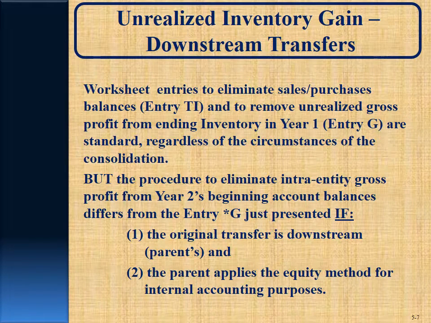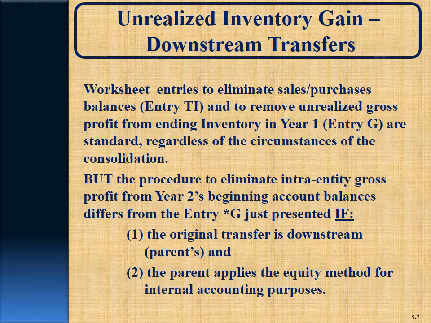Now, worksheet entries to eliminate your sales and purchase balance, entry TI, transfer of inventory, and to remove unrealized gross profit from ending inventory in year 1, entry G, are standard, regardless of the circumstances of the consolidation. So whether the transfer was upstream or downstream doesn't matter.